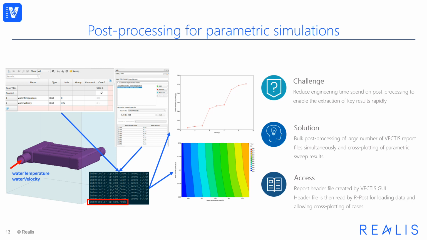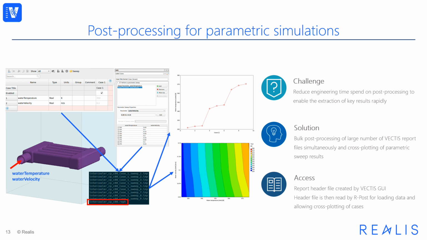When a parametric sweep is done in Vectis, our post now has the ability to load and plot the data of multiple cases with just a few clicks. It also has the ability to cross-plot results between the different cases, to easily compare and extract the most of the simulation data. Furthermore, it is easy to define a small subset of cases to investigate a particular region of the parametric space.